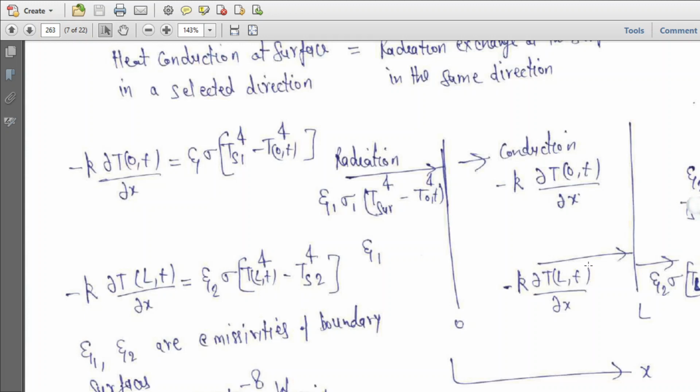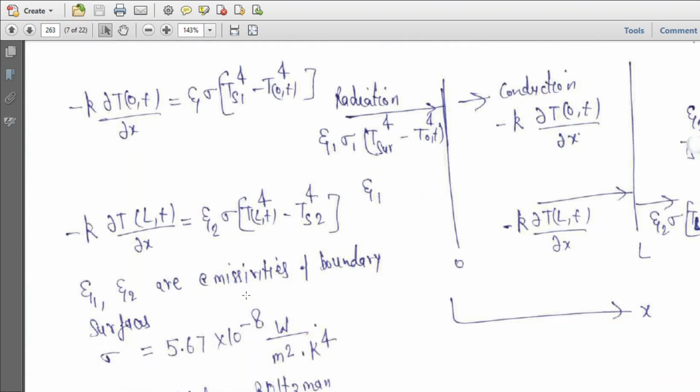At this particular point, if heat is leaving to this side, then minus k del T upon del x at L should be equal to epsilon 2 sigma (TL to the power 4 minus T surrounding to the power 4). So this is on this side.